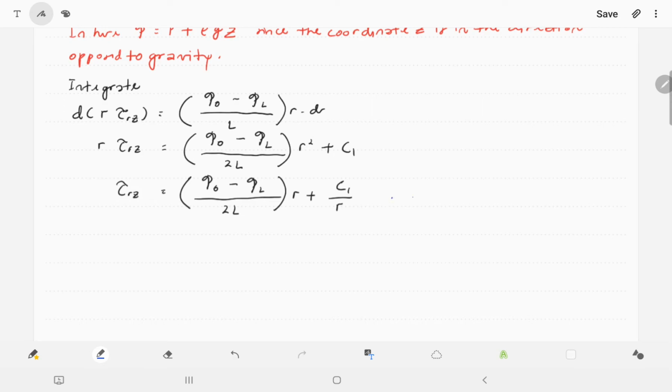These equations in here we define as equation 2.4.2.